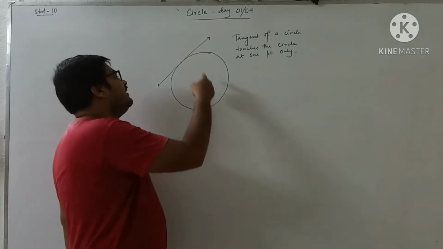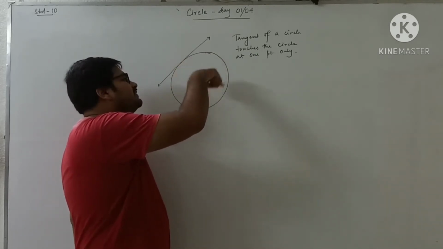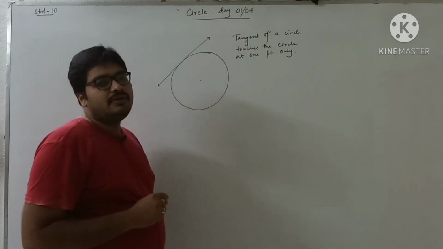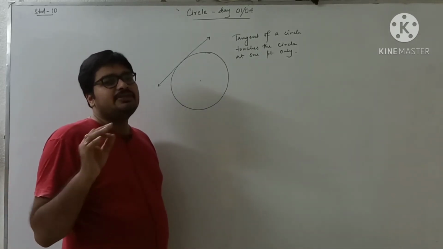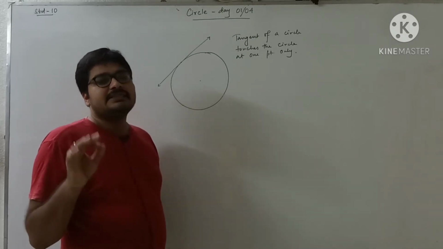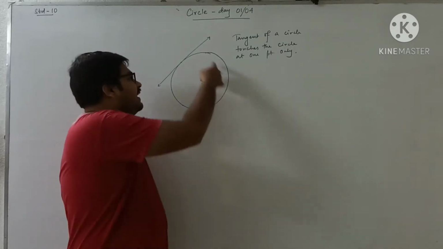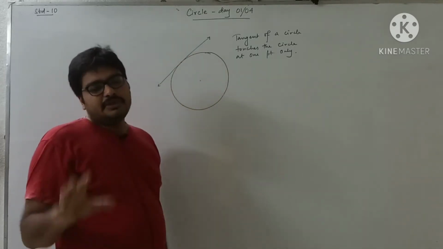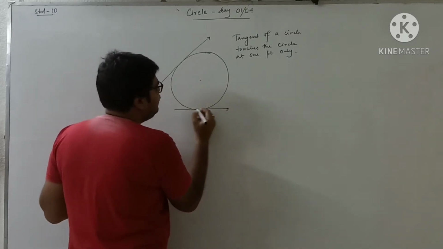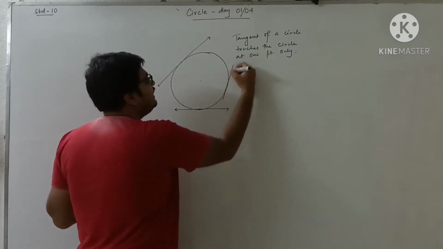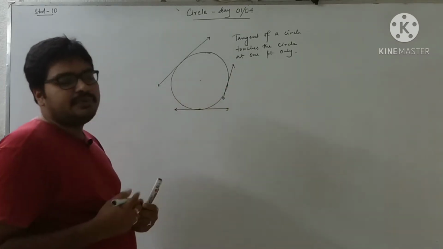As there are infinite number of points on the circumference, uncountable number of tangents can be drawn to a circle. How many you want, you can draw that many tangents to the circle.